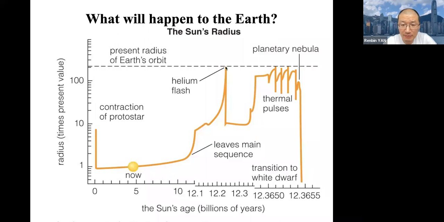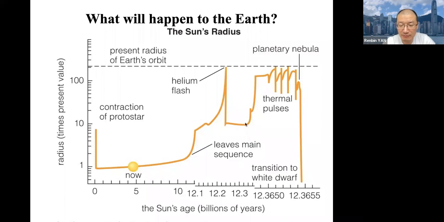And then you have the helium flash. This is the runaway helium fusion that starts the helium fusion in the star. And then at that time, when the helium flash causes the core to explode, the total energy production actually drops down. And also the radius of the star gets smaller.